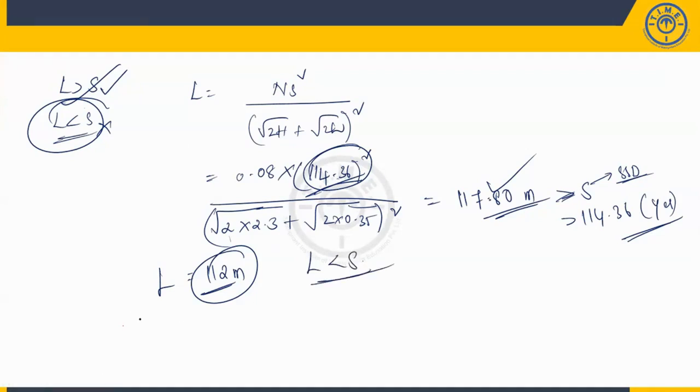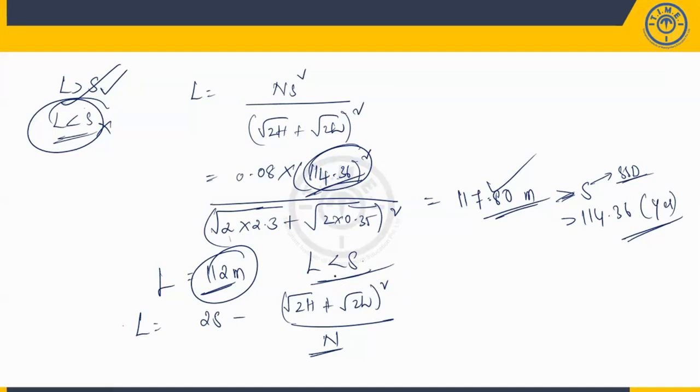Then what do we need to do? The formula will be L equals 2S minus root 2H plus root 2 small h whole square, divided by N. This will be the formula.